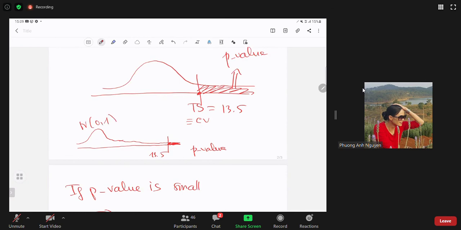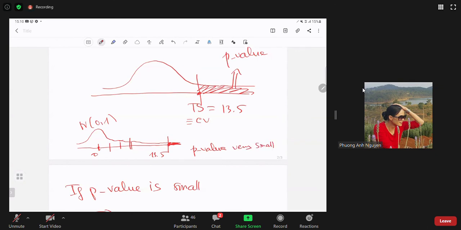If you remember the standard normal distribution, three standard deviations from the mean will already capture 99.8% of the whole population. So from here the area is very small already. 13.5 is even further, very, very far away from the value 0 here. So the p-value is very, very small.